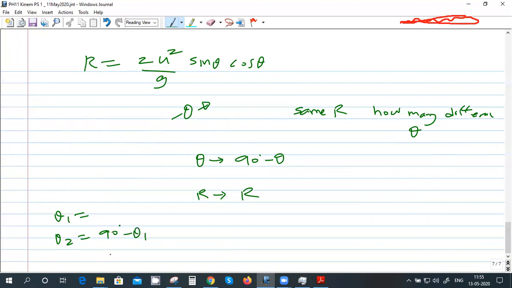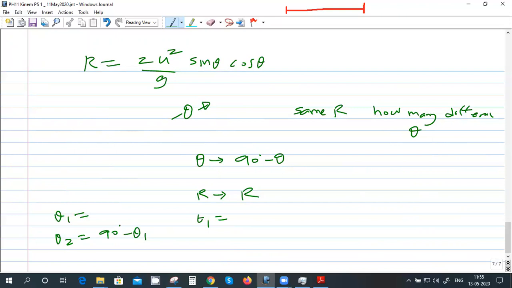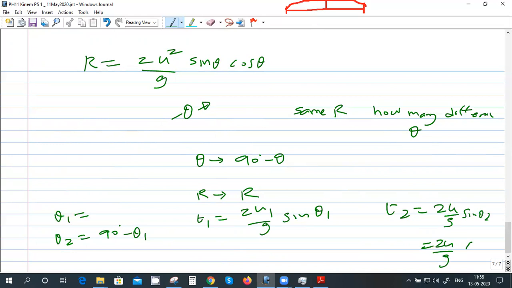In the second case, where theta 2 is 90 minus theta 1, the range is the same. So t1 depends on 2u by g sin theta 1, and u is the same. t2 depends on sin theta 2, which in terms of theta 1 will be cos theta 1.